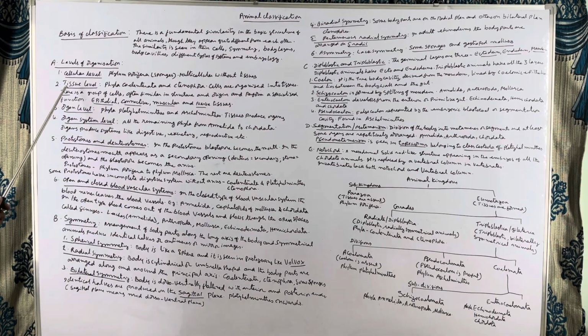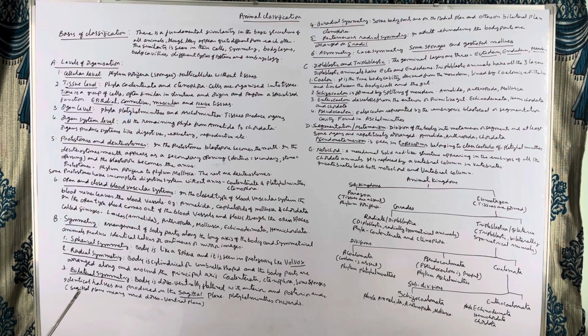The next level of organization is tissue level. A tissue is a group of cells often similar in structure and origin and perform a specialized function. There are 4 types of tissues in the entire animal kingdom.